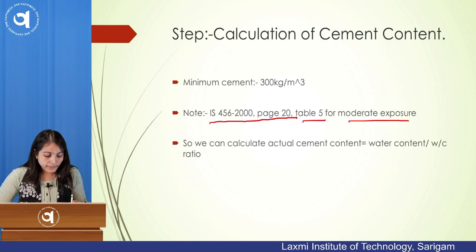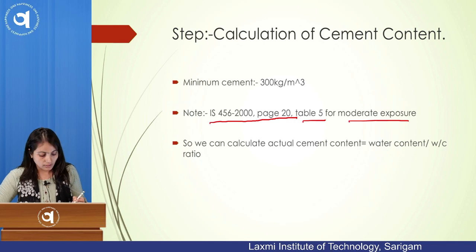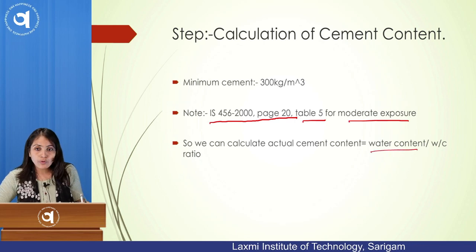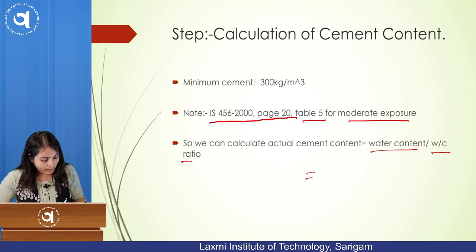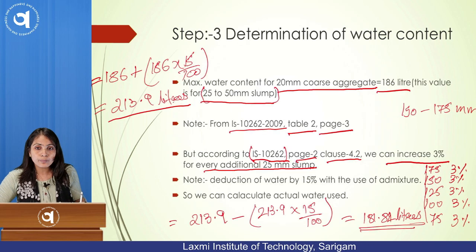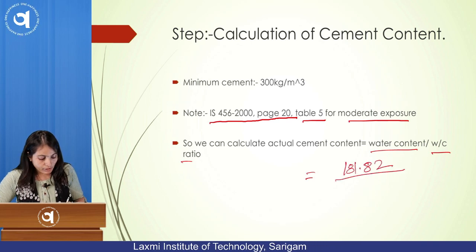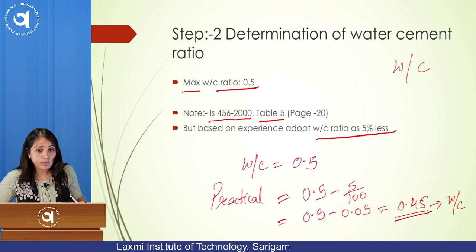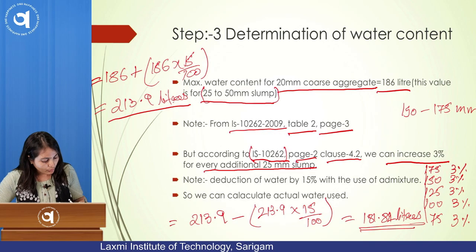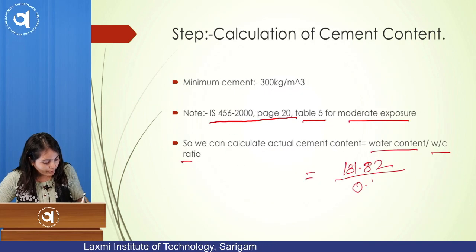So we can calculate the actual cement content. We have the water content and we have the water cement ratio. The water content we calculated earlier is 181.82 liters, divided by the water cement ratio, which is 0.45.